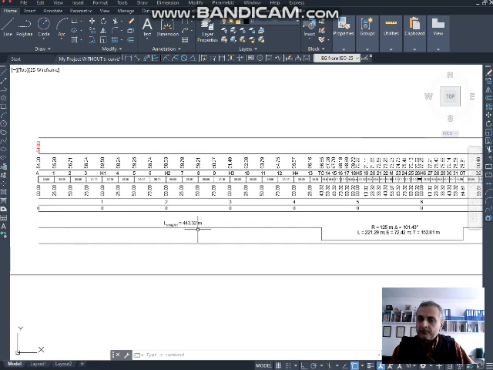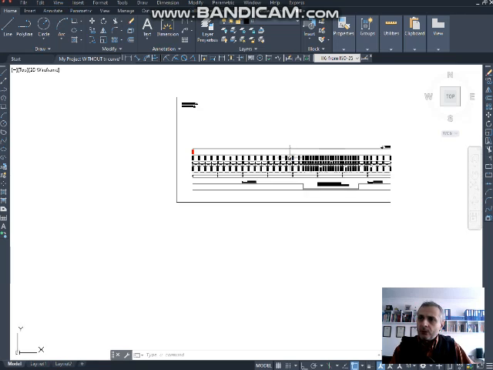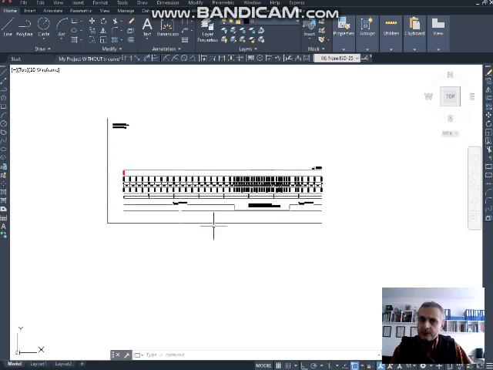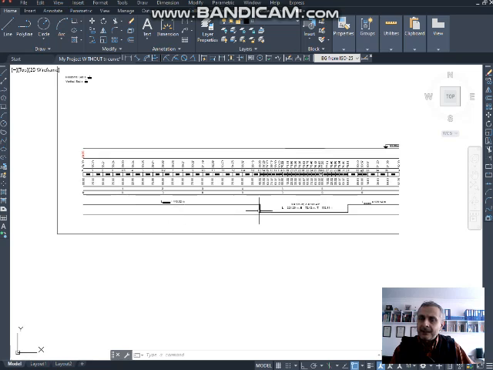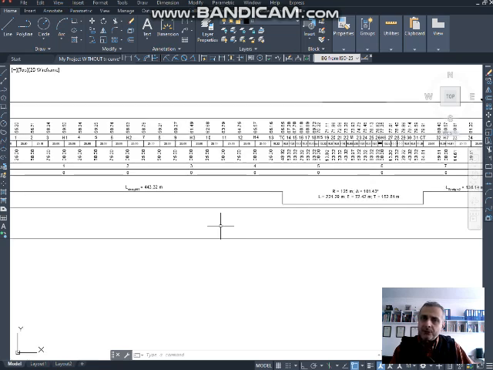Also at the bottom here, you need to provide horizontal alignment information. So the whole drawing is a profile drawing, but the last line here gives us information about the horizontal alignment, not vertical alignment, horizontal alignment. The only way of doing it is to indicate the direction of the curve with some additional curve information written on it.